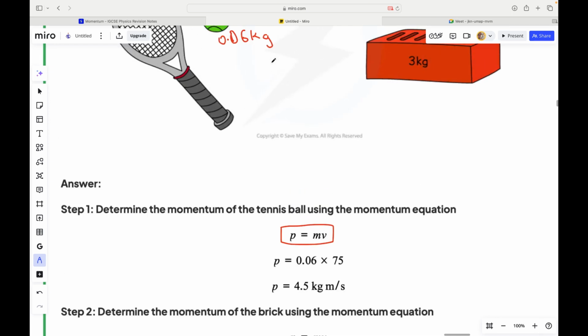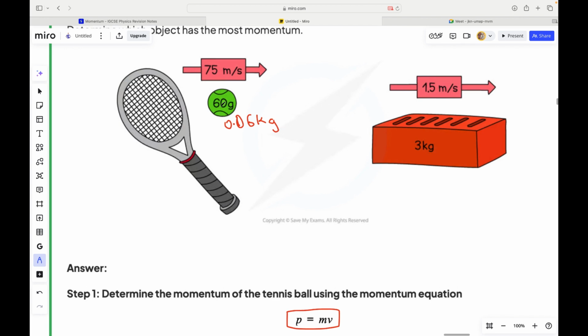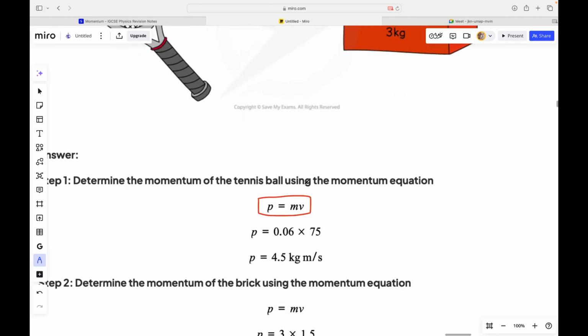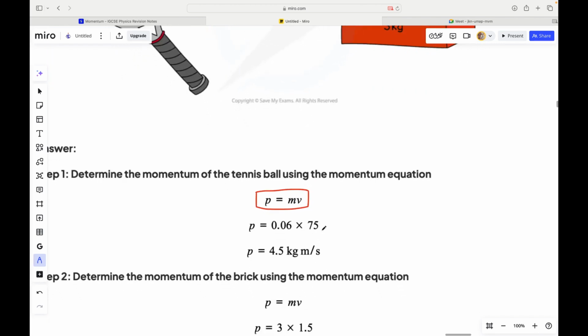We convert the 60 gram to kilogram, we get 0.06 kg, times the speed, which is 75. When we multiply 0.06 times 75, we get 4.5 kilogram meter per second. So this is the momentum of the tennis ball.